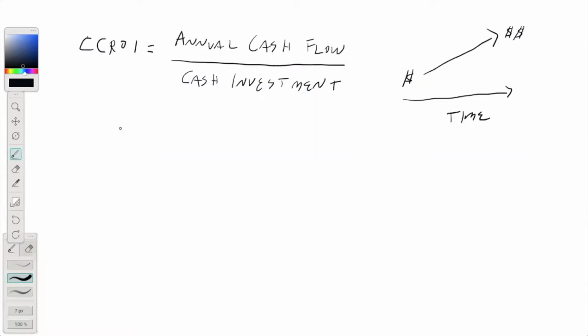Let's suppose you bought a property and you pick it up for $100,000. And then you put in for renovation costs and holding costs to keep the property and all the expenses, closing, etc. Let's say you put in $70,000.